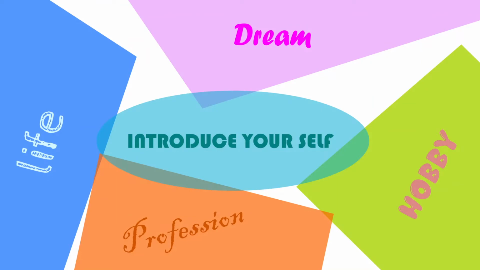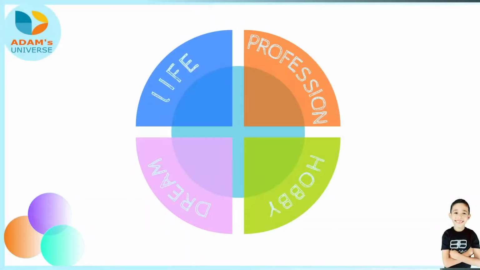This method will make your ideas more structured than ever. Introducing yourself can be viewed like a circle made of 4 parts. The first part is life. This is where you talk about who you are and where you are from. The second part is profession or occupation.